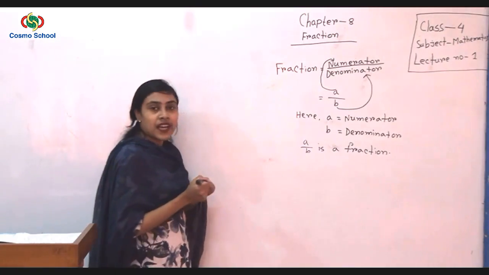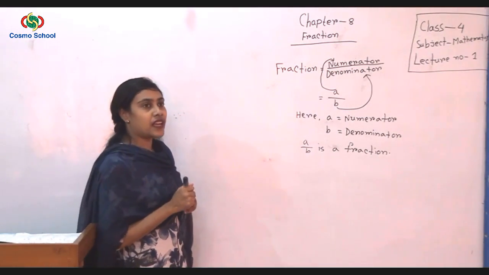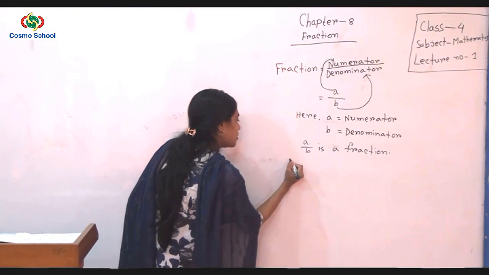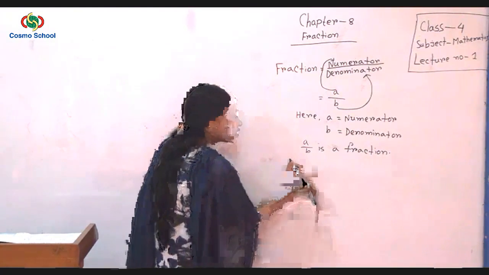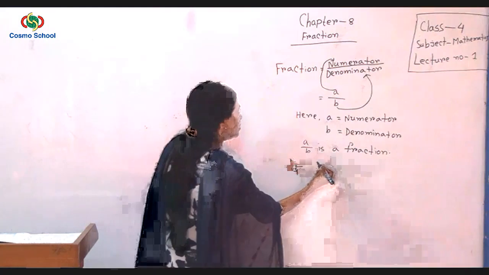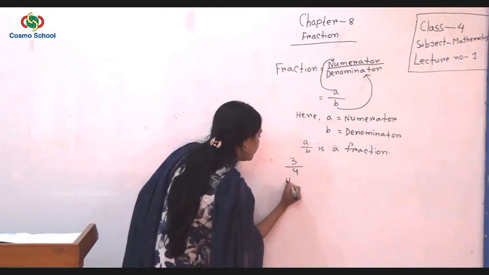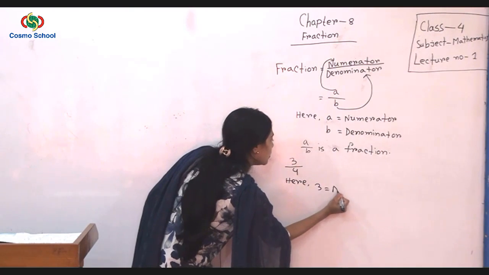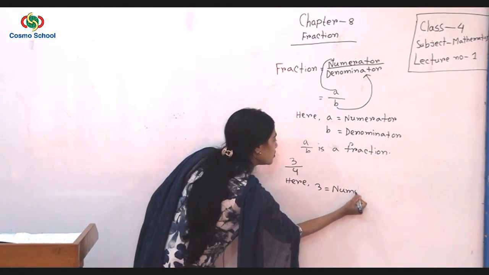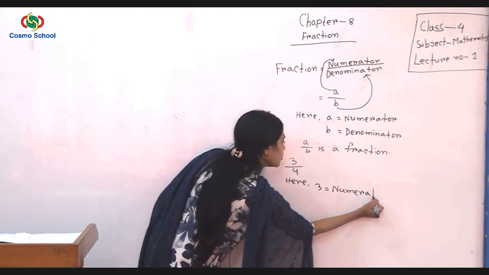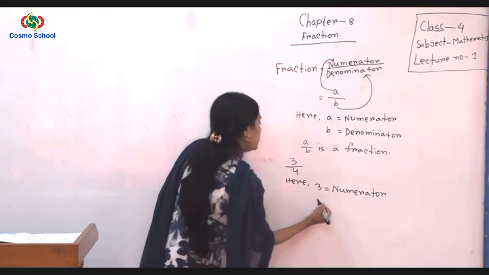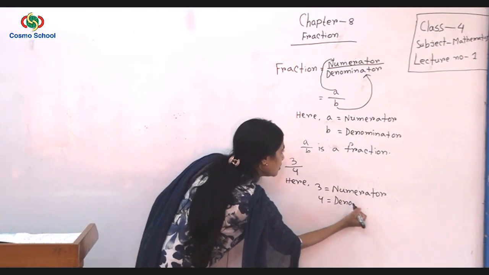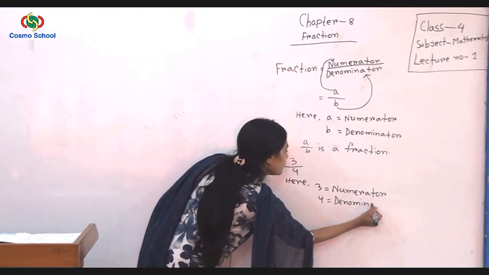Similarly, I can use another example, and that is 3 by 4. Same way, 3 is a numerator. Here 3 is a numerator. 4 is a denominator.